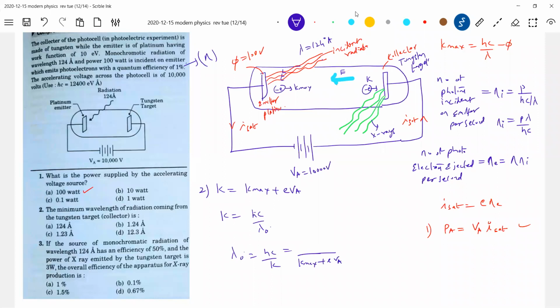Different symbols are used, so please try to understand here. This is the cutoff wavelength.